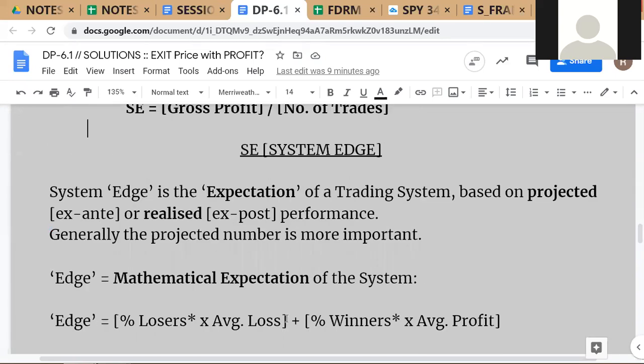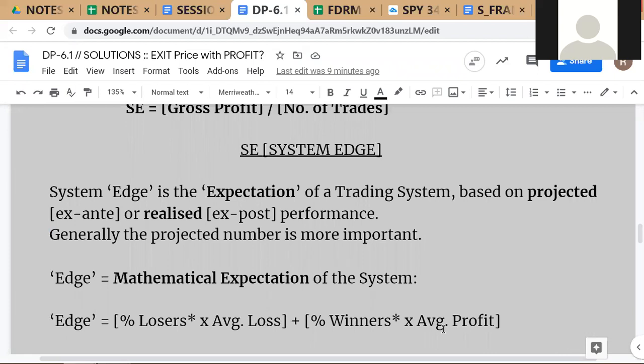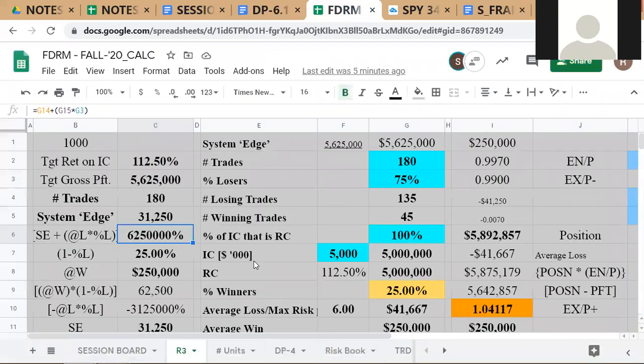So to some extent it does give you that, and there are other things that go into the trading system, all these estimates that you're making, like average loss. Some of these come out of the trading system itself. The system edge is almost like a mechanical calculation. If you look at the inputs of the system edge, percentage losers, average loss. Average loss is a function of your risk capital.